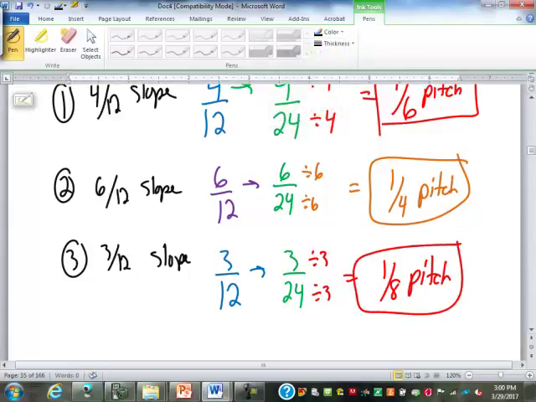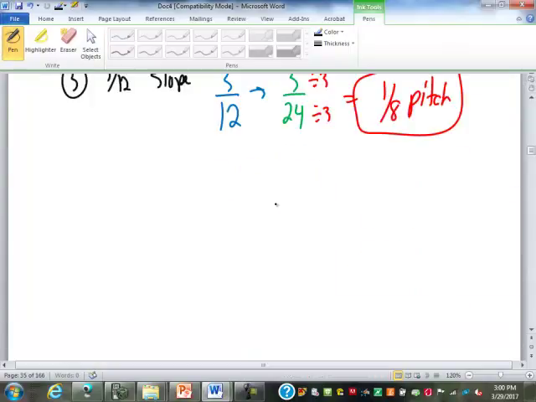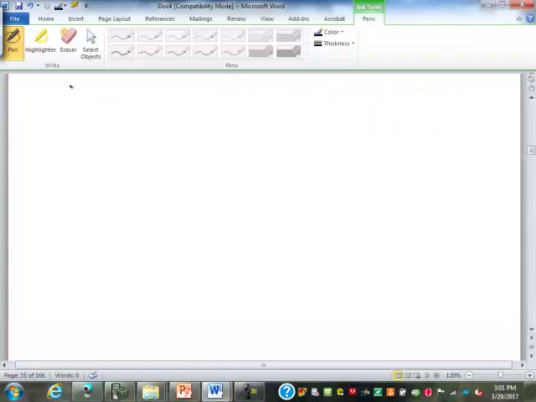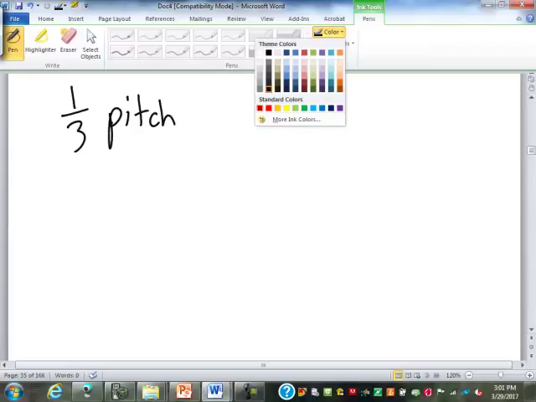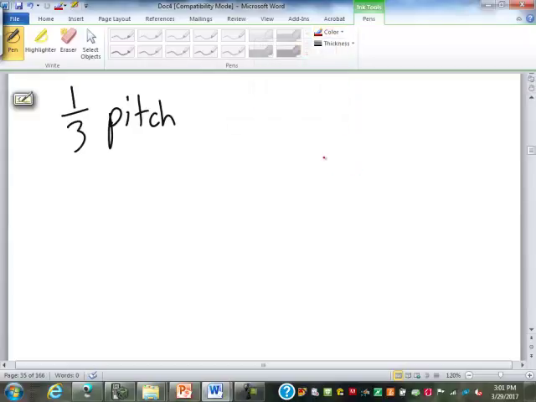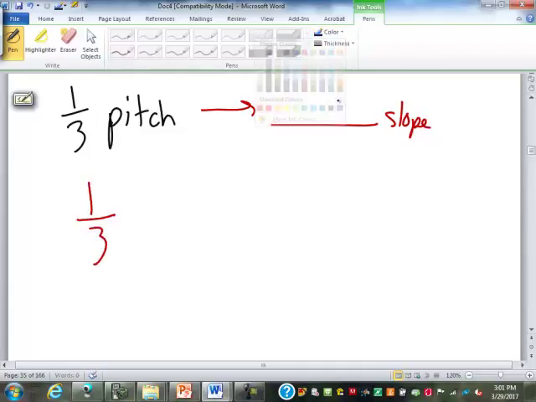Now, going the other way, if I give you the pitch and I want to know the slope, let's say I have a 1/3 pitch. To turn it into a slope, what we do is we take the top number times 2.